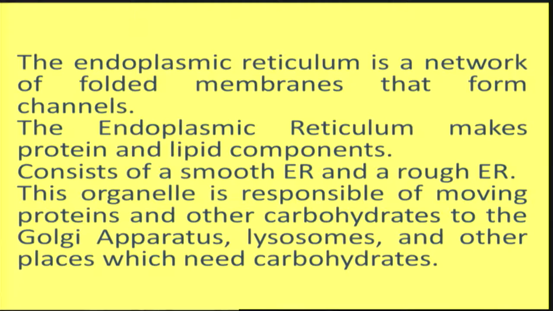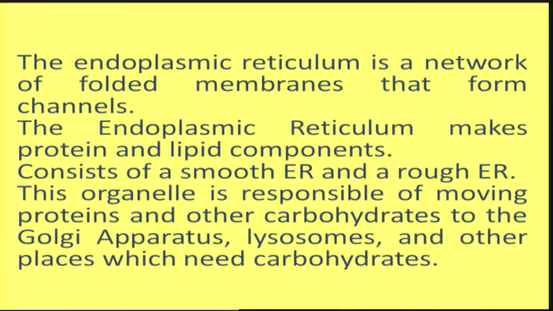They consist of two things: the smooth endoplasmic reticulum and the rough endoplasmic reticulum. This organelle is very important and responsible for the movement of proteins and carbohydrates to other cell organelles, specifically to the Golgi apparatus, the lysosomes, and other places which need the carbohydrates.